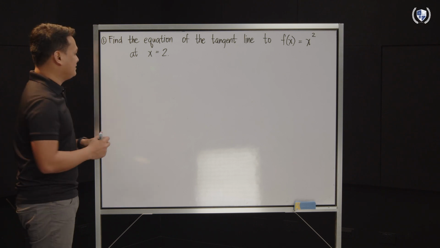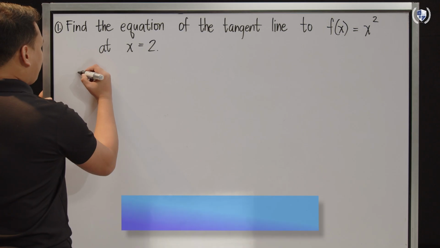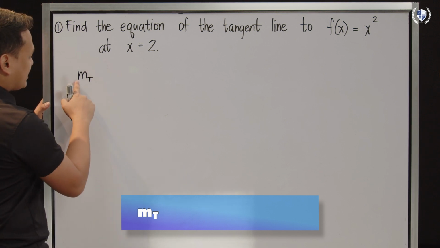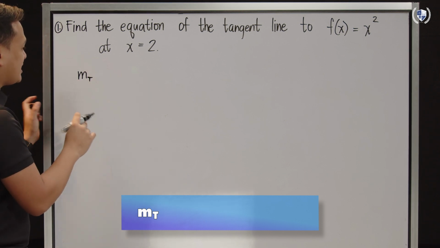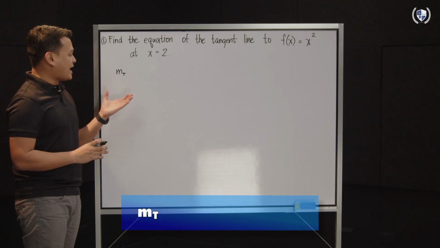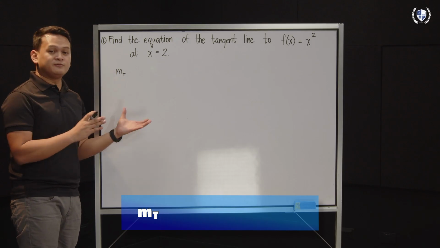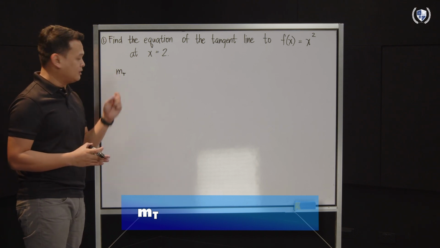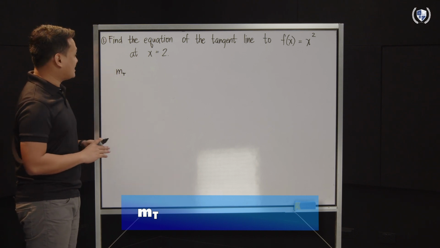For the first one, step number 1, hanapin natin yung slope nung ating tangent line. Nilagay ko dyan m sub t kasi nga ito yung slope ng ating tangent line because we will be having a discussion involving normal lines naman, no? Yung perpendicular. So, for now, let's focus on the tangent lines.